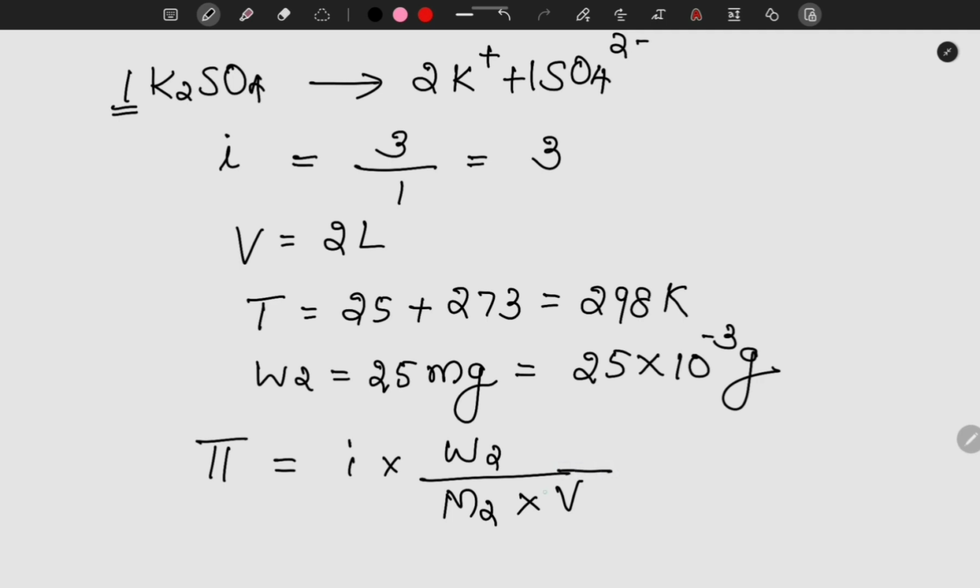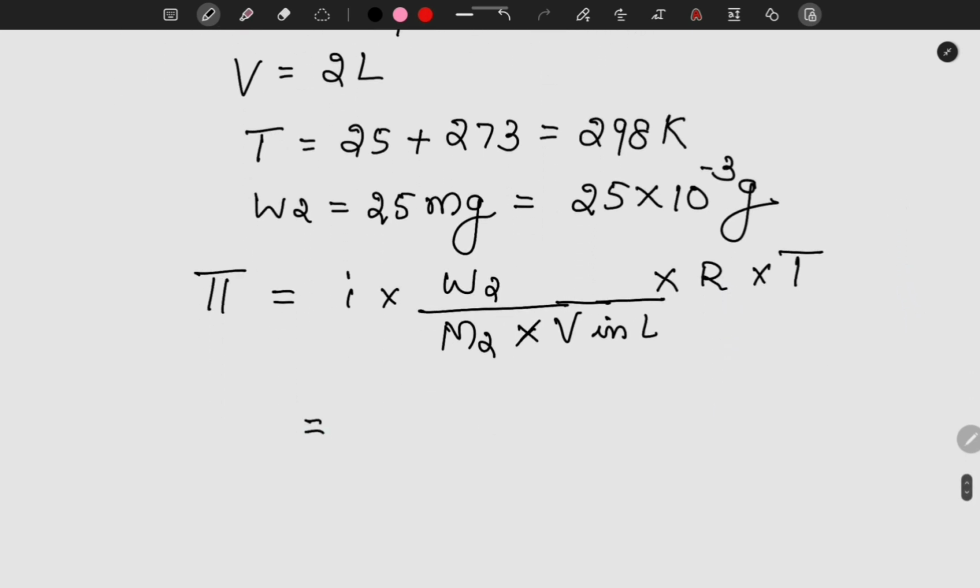Here volume is already given in liters, so we are not using 1000 here. Then iCRT, that's the universal gas constant, and temperature is also given.